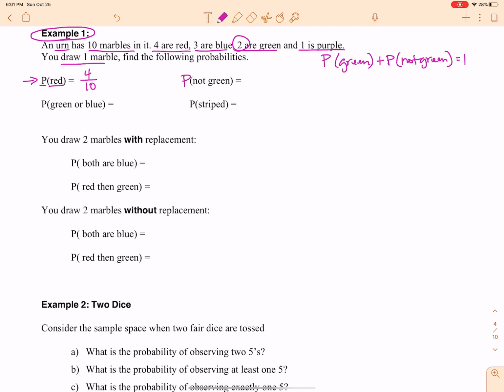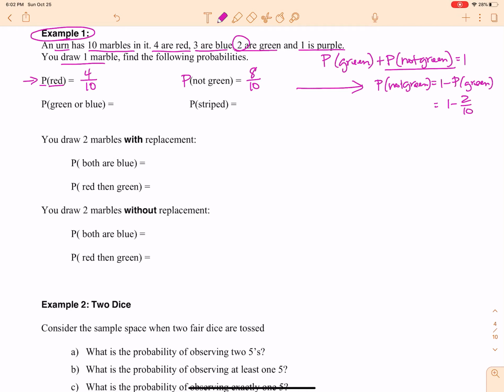That means if I want this probability, the probability it is not green is equal to 1 minus the probability it is green. And since 2 out of the 10 marbles are green, 1 minus 2 over 10 is 8 over 10. Could you just as easily have counted the other marbles?